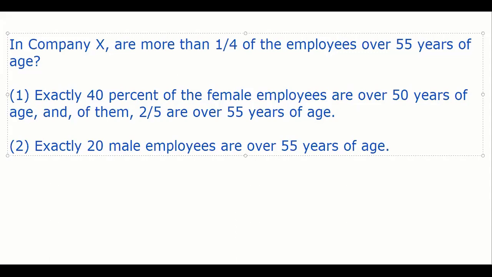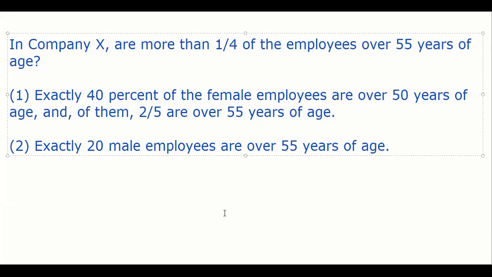Exactly 40% of the female employees are over 50 years of age, and of them 2 by 5 are over 55 years of age. Is this sufficient? What we need to find out is whether more than 1/4 of the total employees in the company are 55 or older. For that, what do we need? We need the total number of employees. Otherwise, how will you find out 1/4?